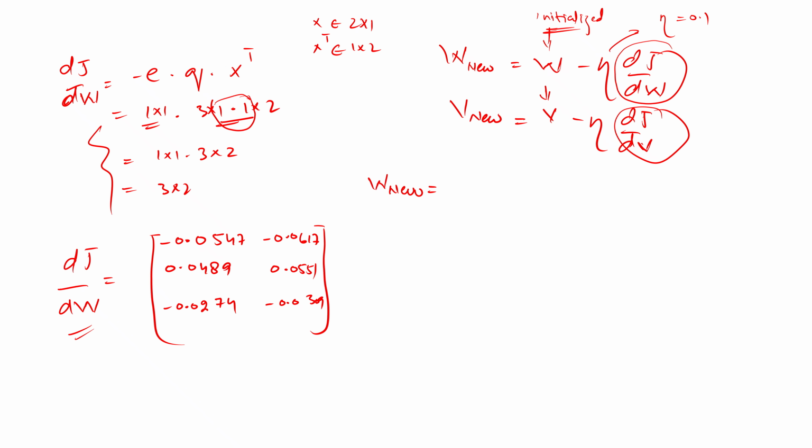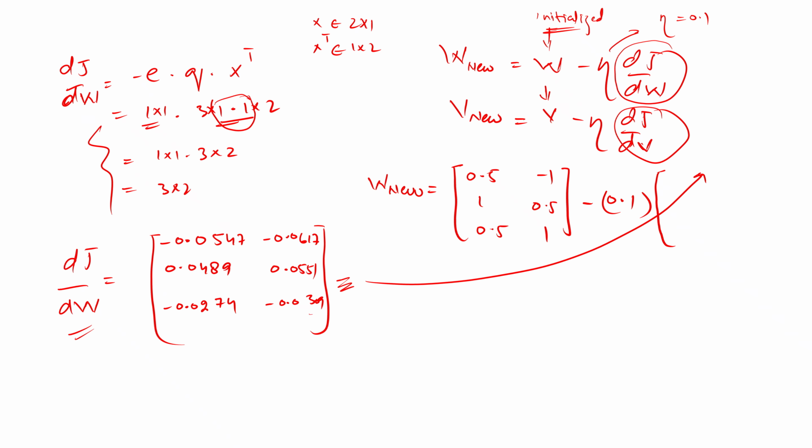So I chose this value for W new. What was the initialized value? 0.5, minus 1, 1, 0.5, 0.51, minus eta. We can tune any value for this. I always suggest to start from 0.1. And then what is dJ by dW? So this matrix will be here.